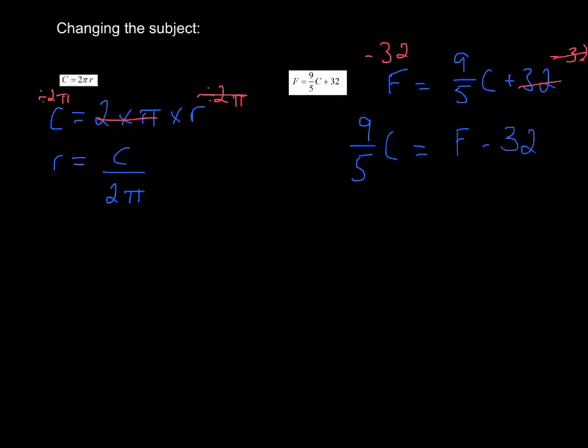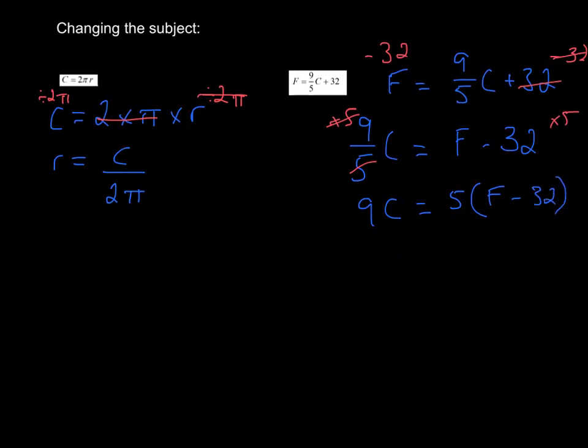Okay, now I'm going to multiply by 5 both sides, and that will get rid of, because it's 9 over 5 multiplied by C. Okay, that'll cancel that off, and I'll be left with 9C equals 5(F minus 32).